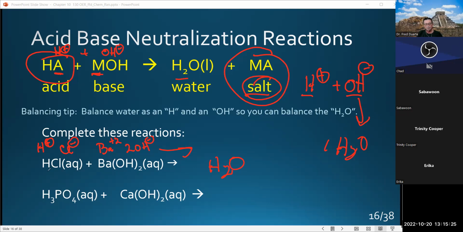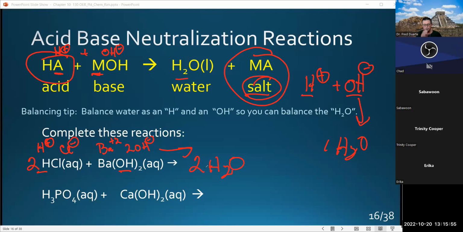So here we're going to produce one proton from HCl and 2 hydroxides from barium hydroxide. So what that tells you is this: I'm going to need 2 molecules of hydrochloric acid, because barium hydroxide is going to produce 2 hydroxides, and I have to add enough HCl to neutralize the OH. So I need 2. Well, that means 2 protons are going to react with 2 hydroxides. Guess what?